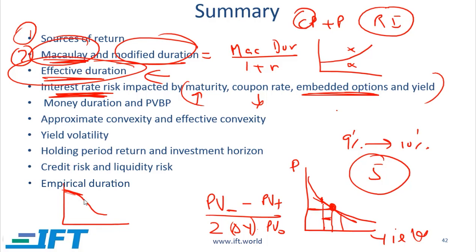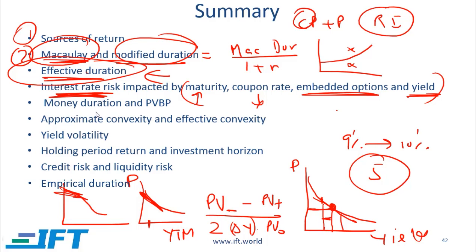An embedded option, if it's a call option, reduces the interest rate risk at low yields. What about the relationship between yield and interest rate risk? Notice that this slope is higher at low yields, which means that interest rate risk is higher at low yields. And with both these pictures, we have price on the y-axis and yield to maturity on the x-axis.